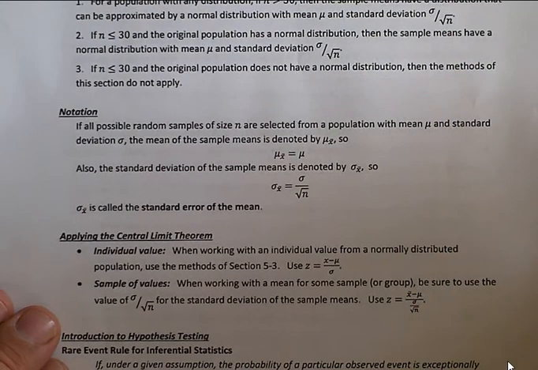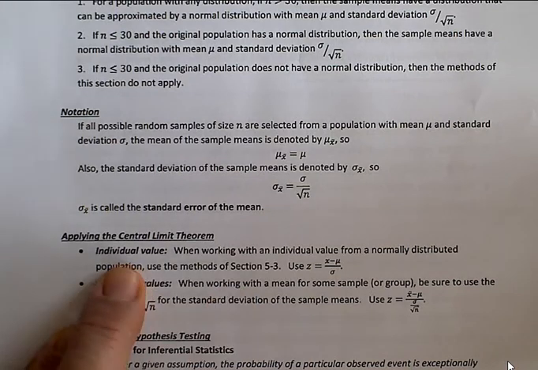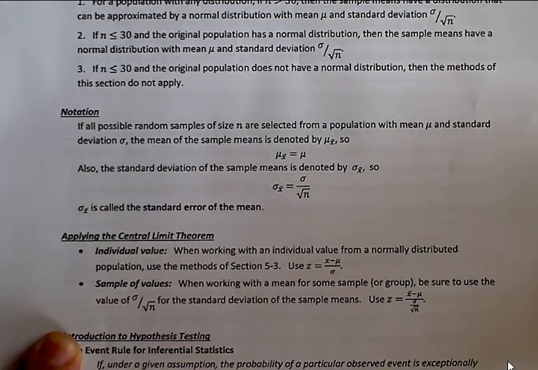So applying, these are the two kinds of things you're going to see in the problems, applying the central limit theorem or not. If we're applying it to an individual value, in other words, we're selecting or working with one individual, we use the z-score just as we did previously. Nothing changes there. It's x minus mu over sigma.